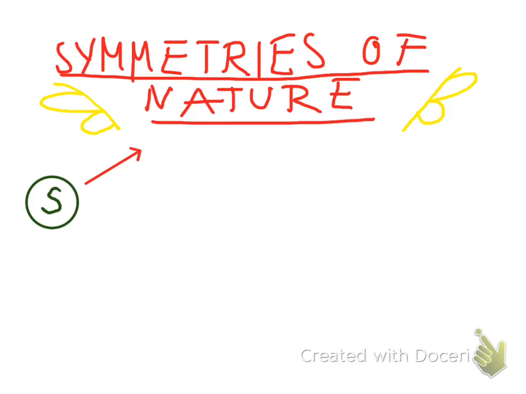So let's first start off with a couple of pretty intuitive kinds of symmetries we'd expect nature to have. If we take any system, such as a sphere, but let's say it's more general, so we put an S there for system, and we translate the whole system, independent of its environment, by 5 centimeters in that direction, as I have this arrow here.